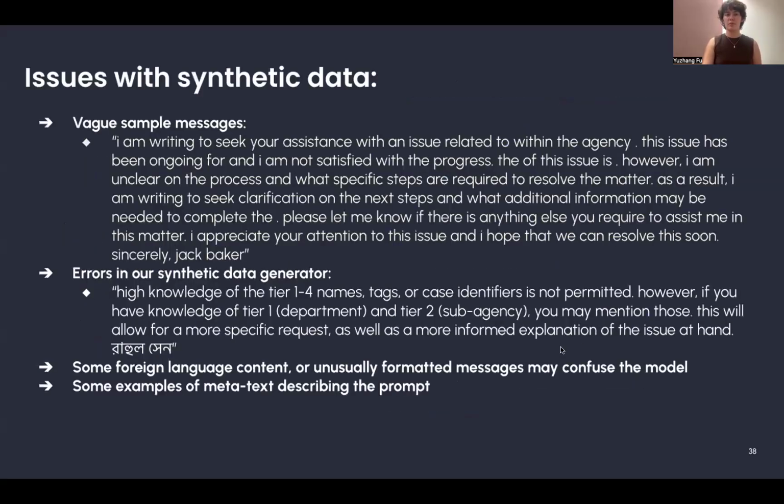So just for some examples, there were some vague sample messages that didn't make reference to any agency, or errors in how our synthetic data was generated that slipped through the quality control that we had in place. And what this tells us is that some of the error is not due to a weakness in the model itself, but rather in the data that we used. And so we wouldn't expect it to affect the model's performance in the real world.